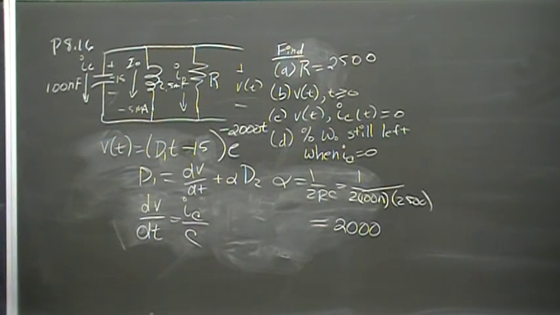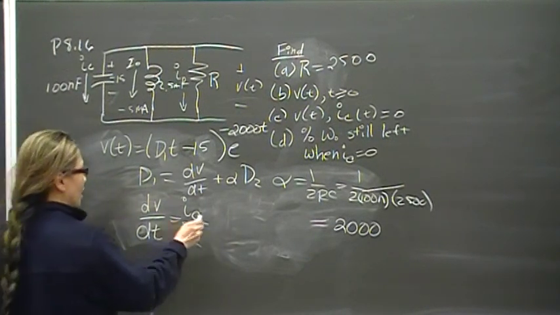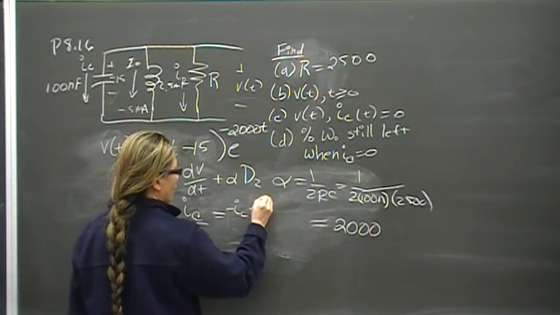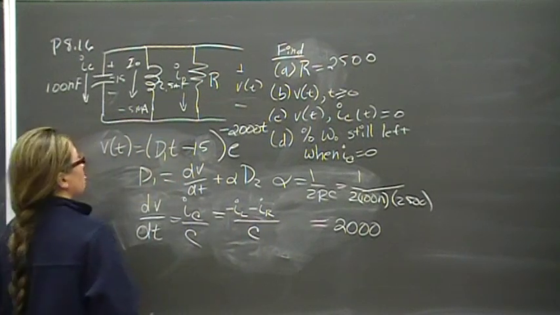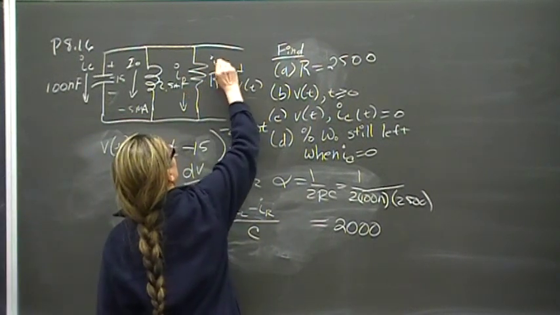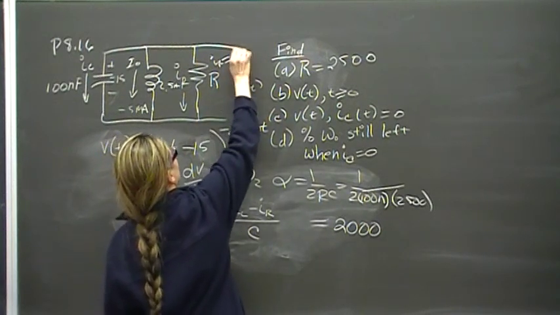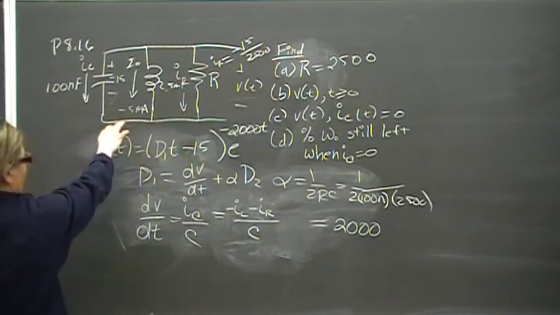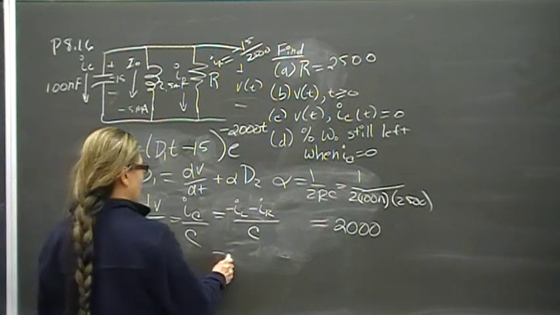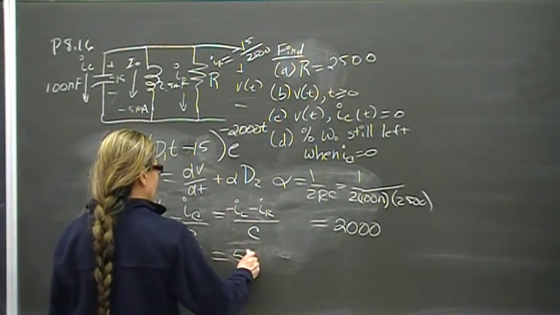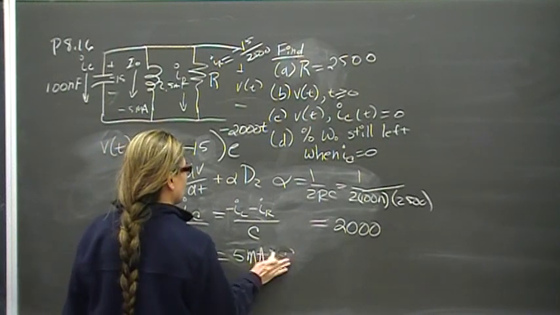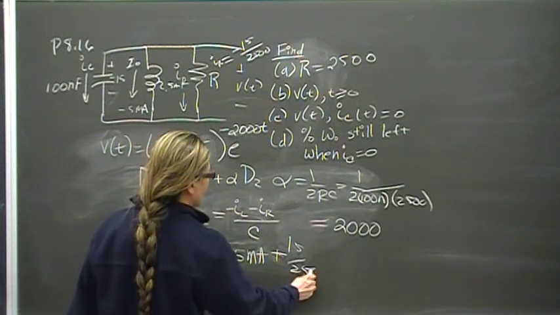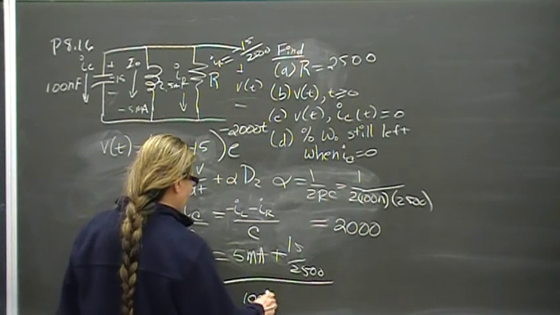Okay, so we need to find IC, and we'll do that by using KCL and saying IC is negative IL minus IR. Well, IR, we just found the value of the resistance, so that's going to be -15 over 2,500. And we were given IL, so that becomes negative and a negative is positive, 5 milliamps, plus 15 over 2,500 milliamps, all of that over 100 nanofarads.